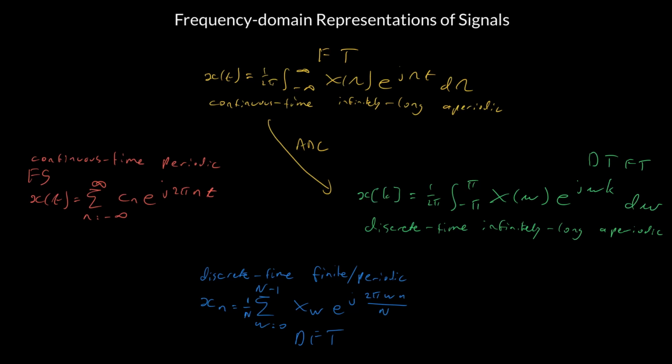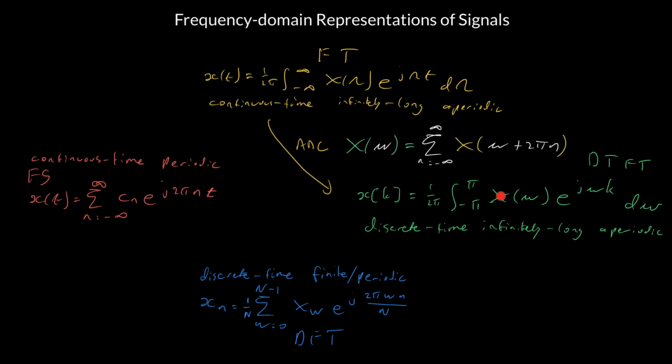Both methods give us the same answer. The answer we get, x of omega, is going to be the frequency domain representation of our sampled signal. So we're asking, if we take a signal x of t with a frequency domain representation given by x of big omega, and we sample it, what is the frequency domain representation of x of k? That is, what is capital X of small omega equal to?